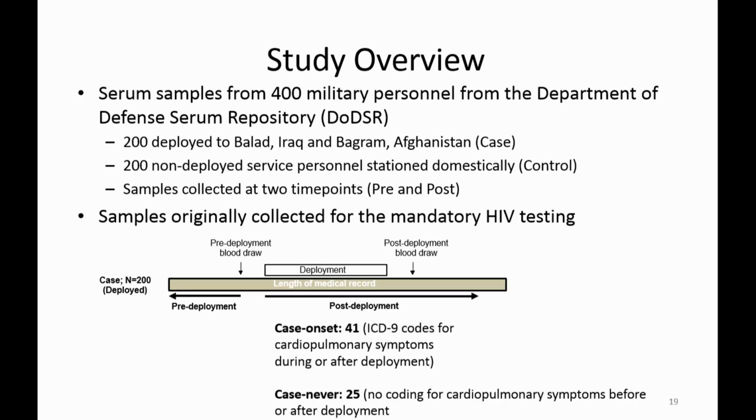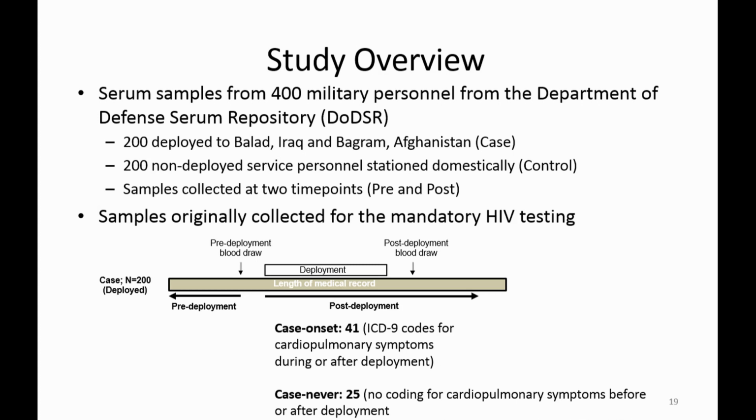In the example that I'm showing, we are only focusing on the case group, since we are interested in linking the biomolecular and exposure data with the ICD-9 outcomes, and we were limited by N. When we looked at the ICD-9 codings for these subjects, in some categories we only had 3 subjects or 5 subjects. So we ended up focusing on the category cardiopulmonary symptoms, for which we were able to classify about 49 different ICD-9 codes under this major category.